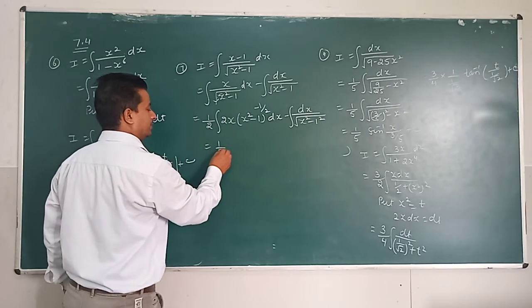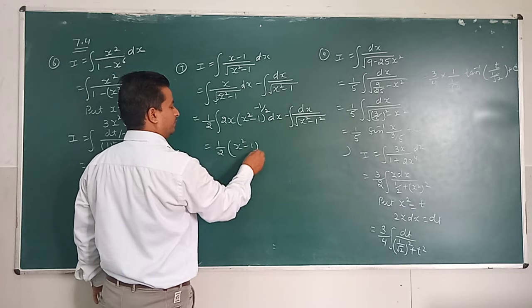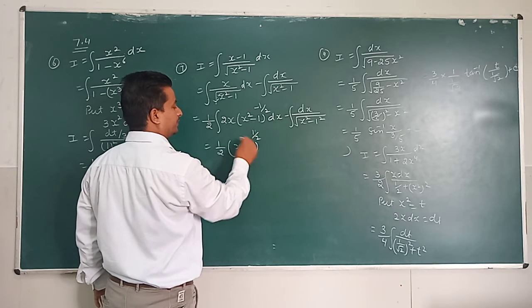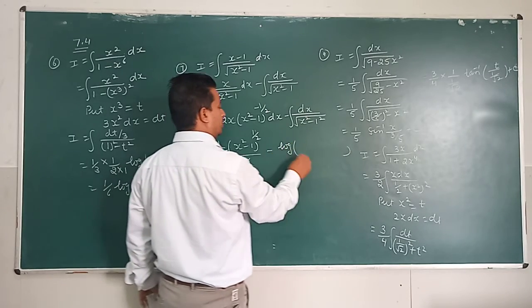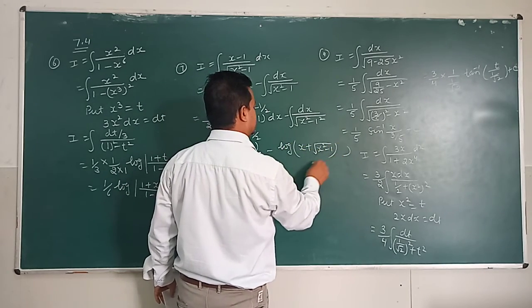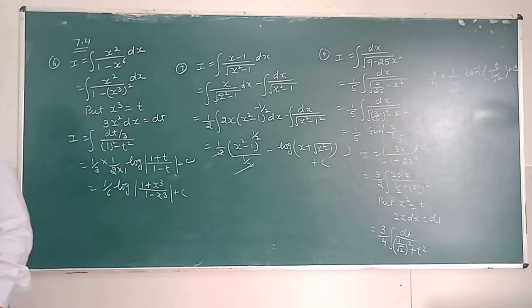So this is the derivative of this. So we add 1 to the power, which is minus half plus 1 half, divide same by this. This is the formula of log. This cancels out. This is the answer of this question.